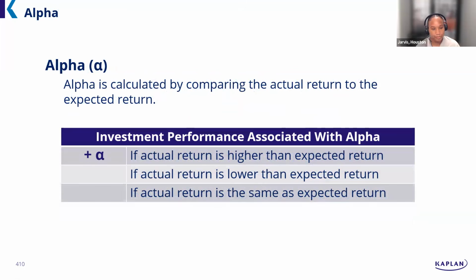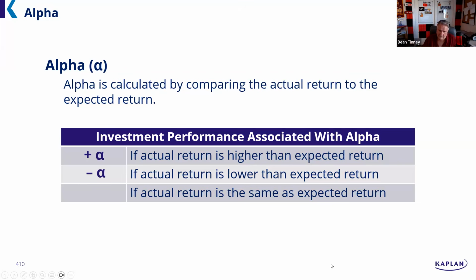Then I told you we got 15 and we were happy because we got more than we expected. And then I gave you an example where we got lower than expected, and remember, we weren't happy. And if we just get that 0 alpha, that means all we got was the beta. And maybe that's fine. Maybe that's all we want is the beta.